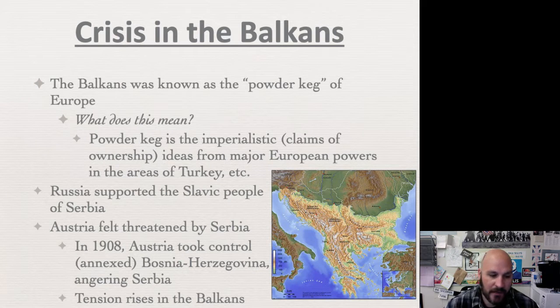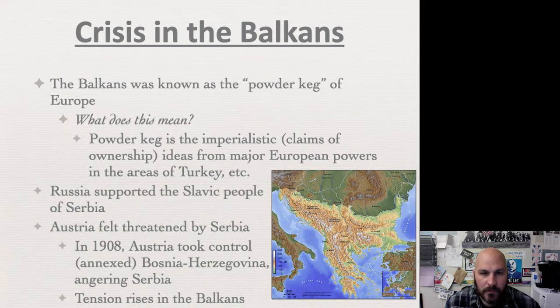Tensions are going to rise, and it leads ultimately to the assassination attempt and success of the assassination of the Archduke Franz Ferdinand, who is the Archduke of the Austro-Hungarian Empire. So really what you're seeing here on this slide, crisis in the Balkans, tensions are high, ethnic groups dislike one another, mainly because of this nationalistic and imperialistic fervor that exists in this region.